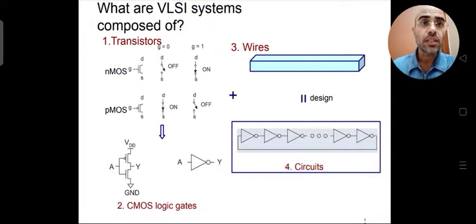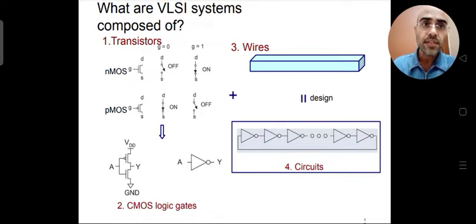The transistors are of two types: NMOS transistors and PMOS transistors. You can see the symbol of the NMOS transistor and the PMOS transistor as well. NMOS stands for transistors in which the majority charge carriers are electrons, whereas the PMOS transistors have holes as the majority charge carriers.